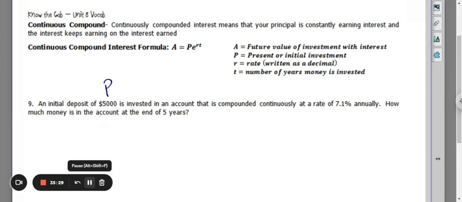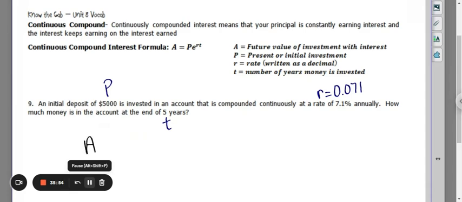When you see that word, you know that we are using the base E version of our compounding. So we have our rate, and that's all we need. We have t is 5 years.